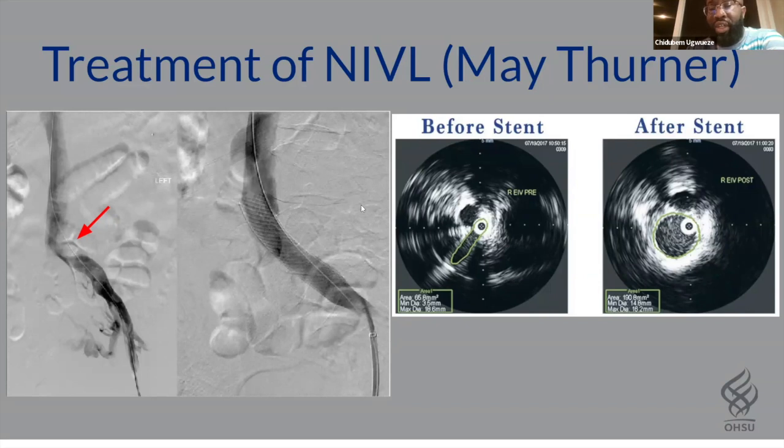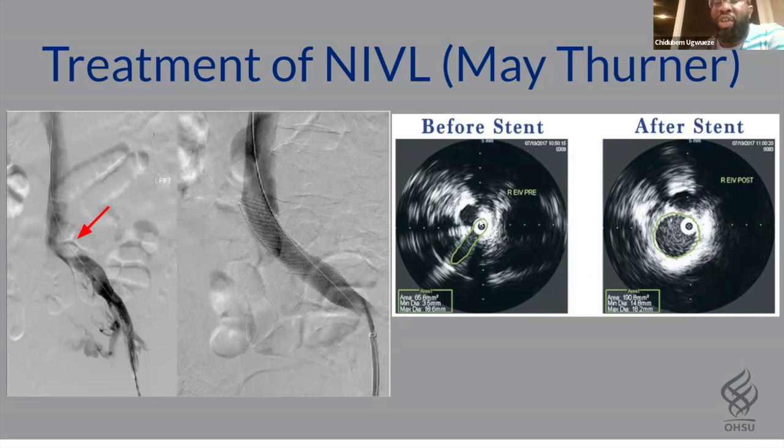Before you stent, most people do intravascular ultrasound to measure the actual diameter and extent of compression, because it's very easy to show May-Thurner syndrome on anybody.